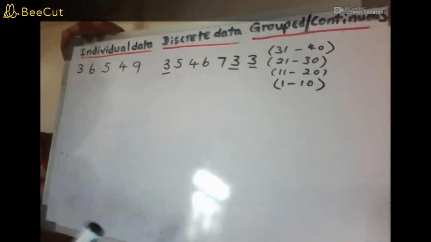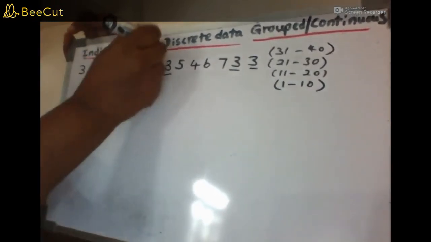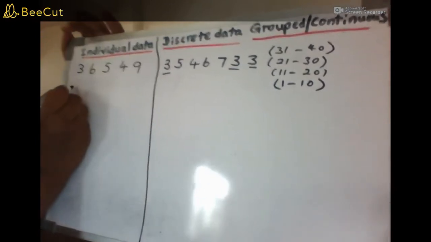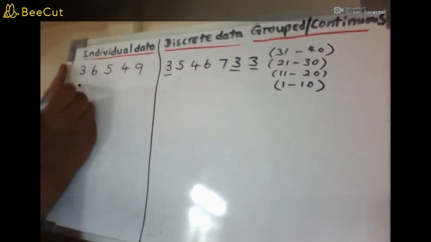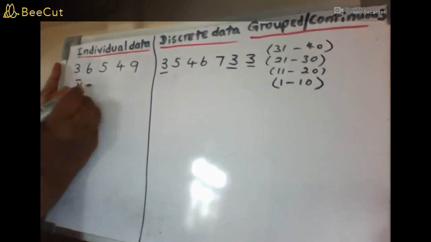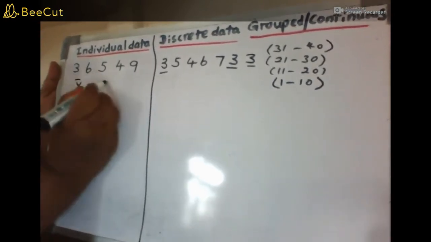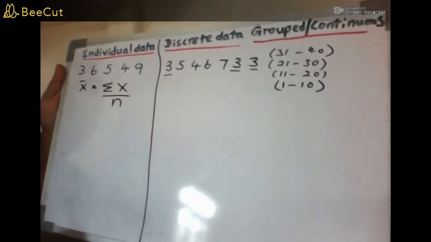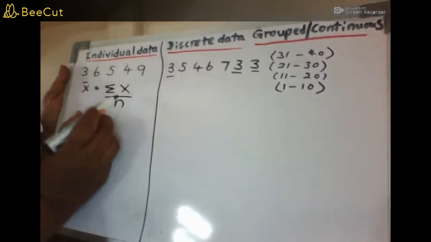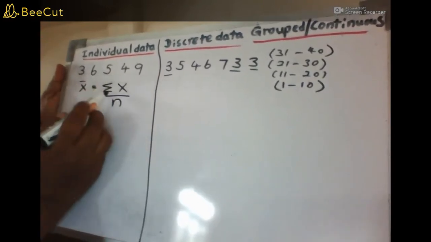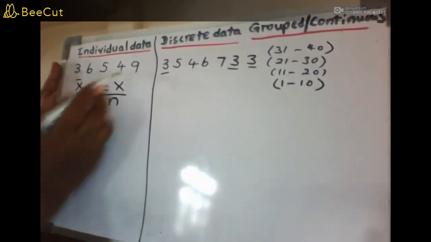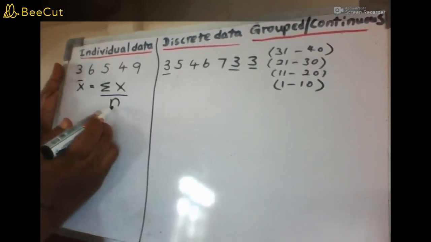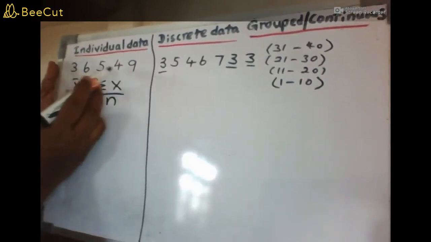Here, x bar for individual data, we'll take this one. For individual data, the formula is x bar equals summation x divided by n. X means all these values, summation means the total of x values, divided by the number of items or values. How many? 1, 2, 3, 4, 5.